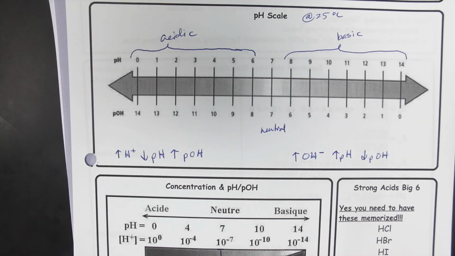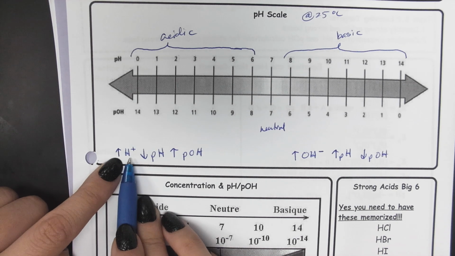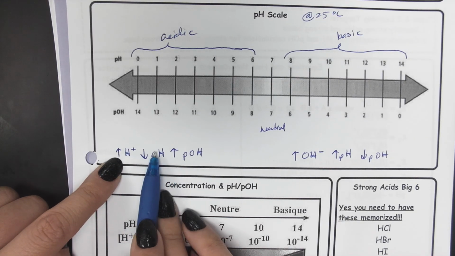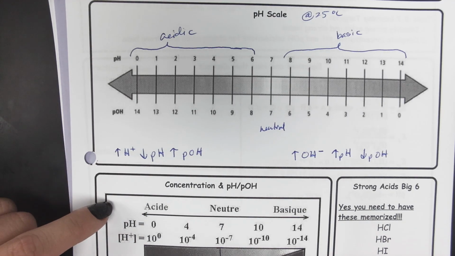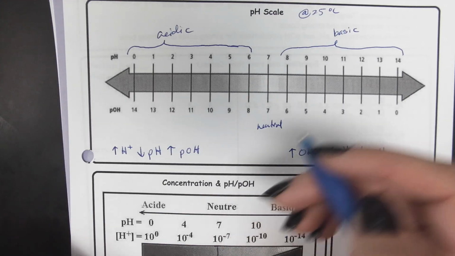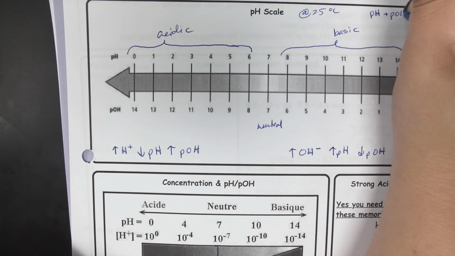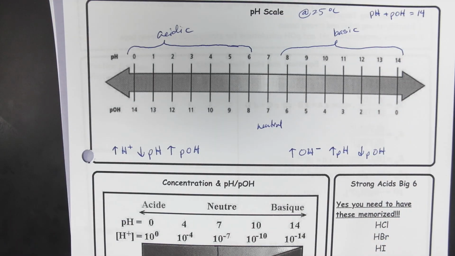We're going to be using these arrows for relationships a lot. If you can recognize these relationships, it's really going to help you. So concentration of H plus is directly proportional to pOH. It's inversely proportional to pH. The other cool thing is that at 25 degrees Celsius, if you take the pH and you add it to the pOH, then it's going to equal 14 each time.